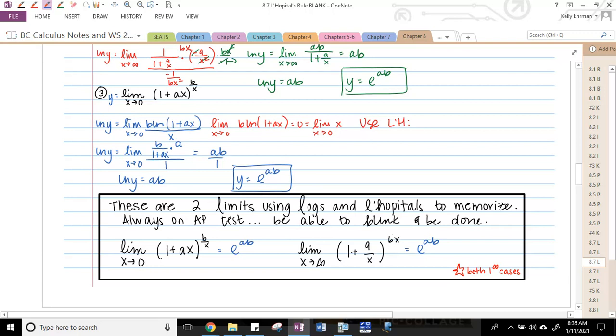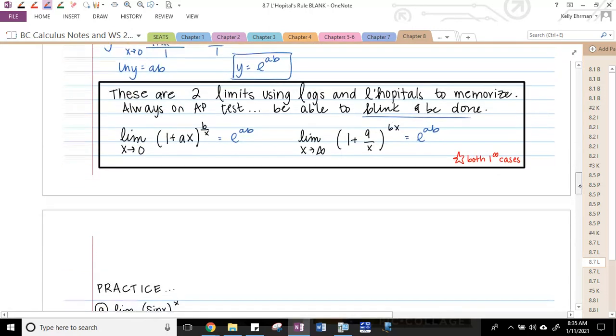Your answer is still e to the ab, but just keep in mind that b is 1/2. So these are two good ones to memorize, and then just have no work to do, just blink and be done on a multiple choice. If it's free response, I'd probably go through all the steps and show it still. But again, they're usually multiple choice.